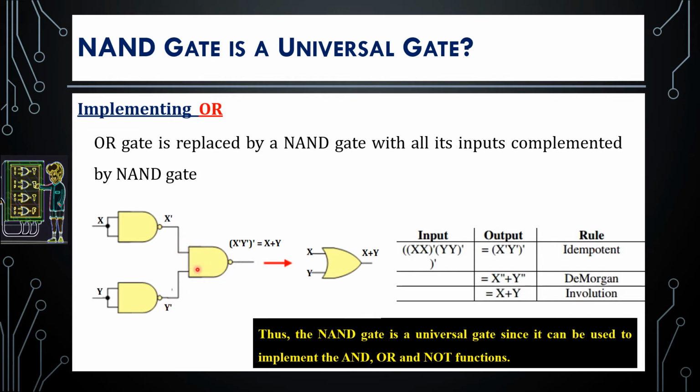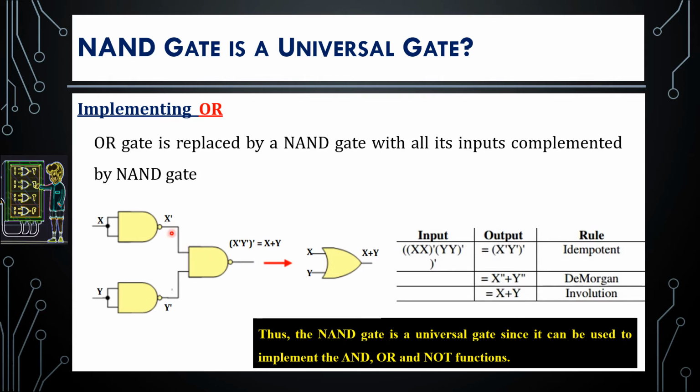What happens here? (X bar into Y bar) the whole bar. According to De Morgan's law, just break the line and change the sign. X double bar plus Y double bar. According to the double inversion law, X double bar is X. So we'll be getting X plus Y, which is equivalent to the OR gate.